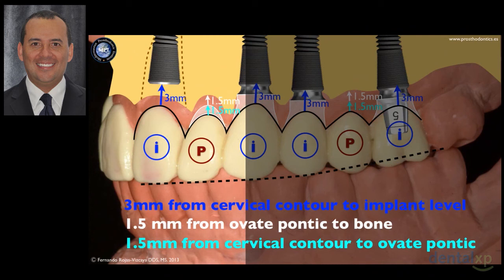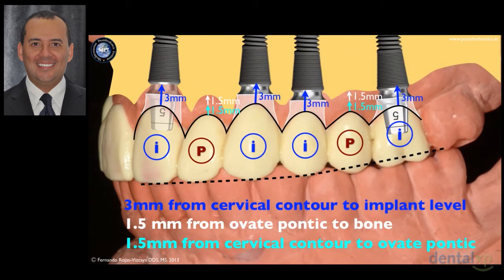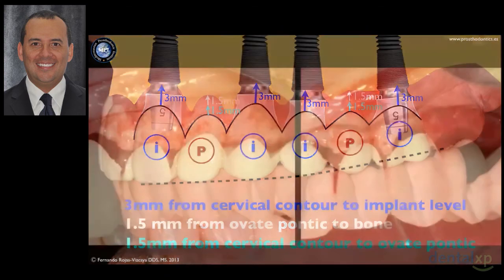And I keep the bone in this position because after we screw our abutment, we expect some bone remodeling in this area, between 1 to 1.5 millimeter. This is the reason why in the extraction socket area I will not make any bone reduction. So this is how I plan the cases.